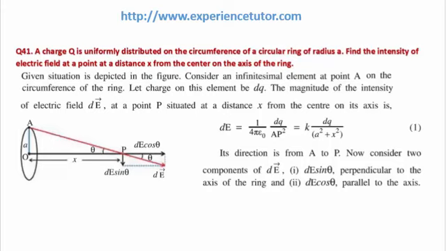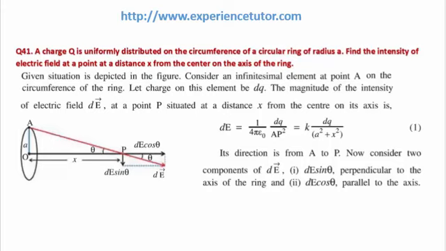Consider an infinitesimal element at point A on the circumference of the ring. Let the charge on this element be dq. The magnitude of the intensity of the electric field dE at a point P situated at a distance x from the center on the axis is dE = 1/(4πε₀) dq/AP² = k dq/(a² + x²).